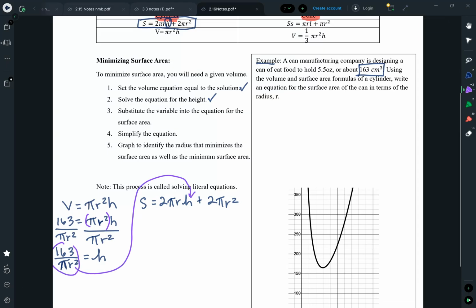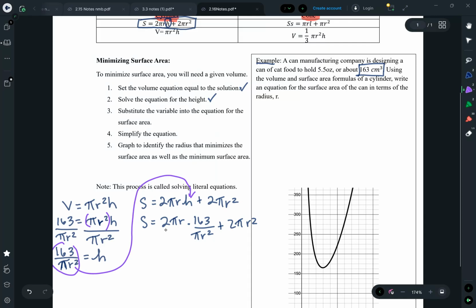The reason is I just want to have s being a function of r only. So my h is 163 over pi r squared, and then this is plus 2 pi r squared. I only want this equation to have s as a variable and r as a variable. So s is a function of r.